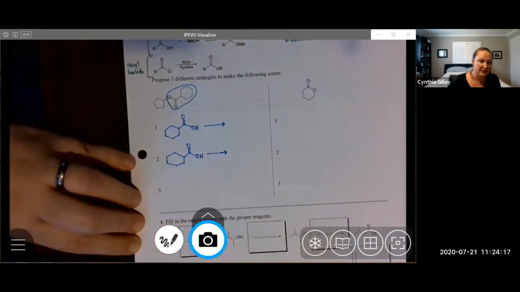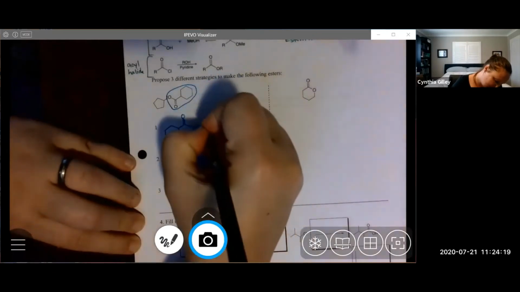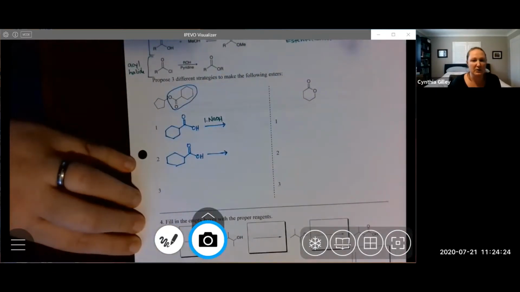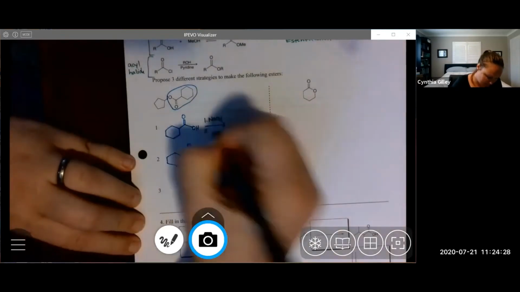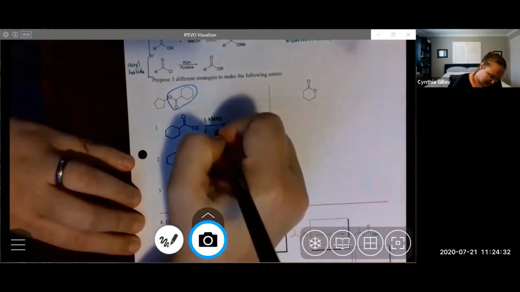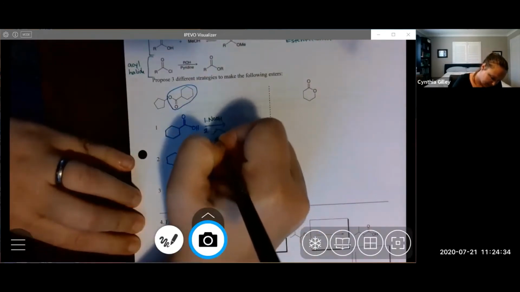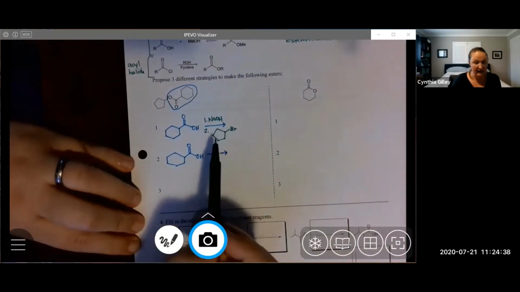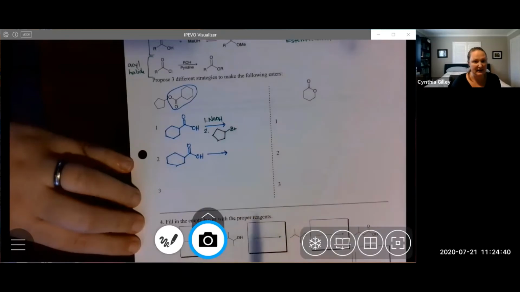Under basic conditions, you would use a strong base. Sodium hydroxide is strong enough to deprotonate a carboxylic acid. And then you would need to use an alkyl halide, the R group. So this is actually not a very good reaction, because this is not methyl or primary. This is a secondary alkyl bromide.